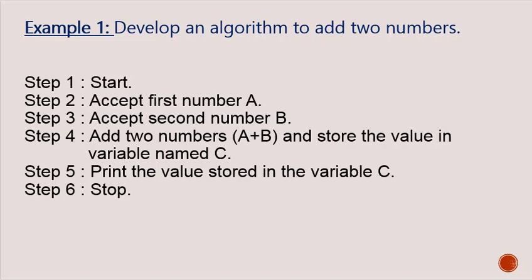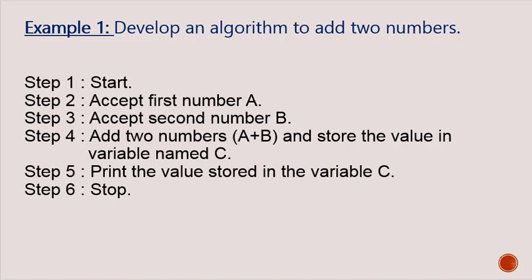So in step 2 and 3 we have accepted two numbers, then followed by an addition, and after the addition we stored the result into a variable named C, and at last we have printed the value that is stored in the variable C. So in this way there is a sequence construct to write the algorithm.